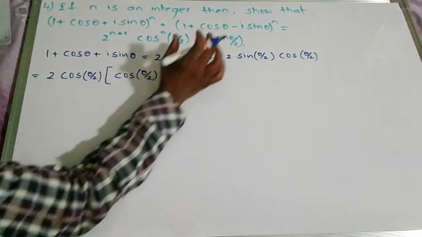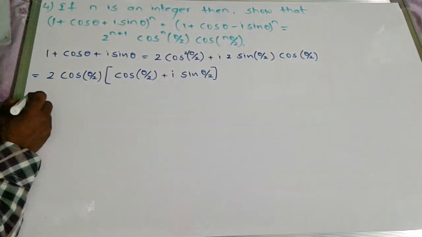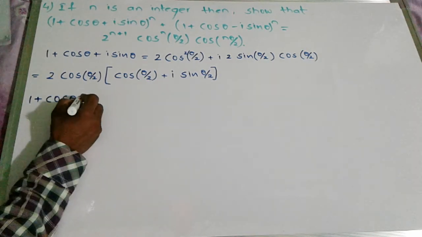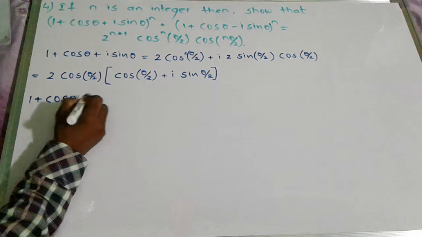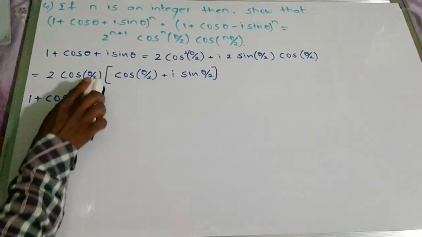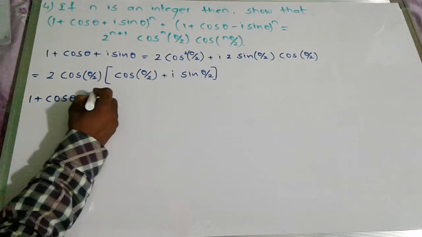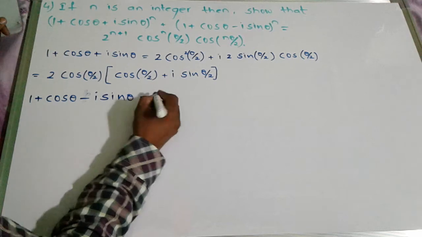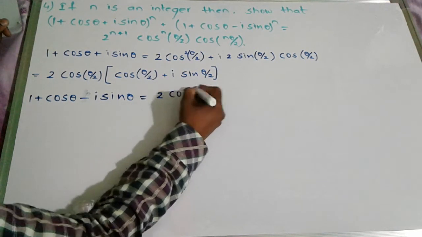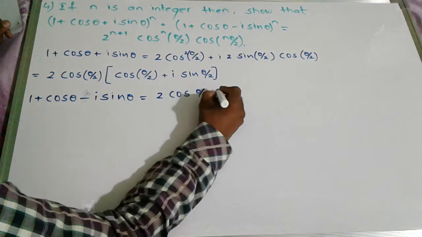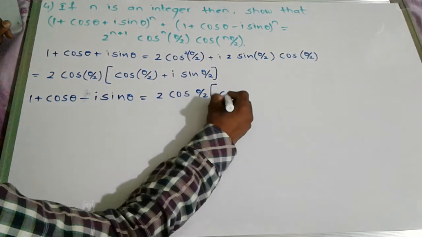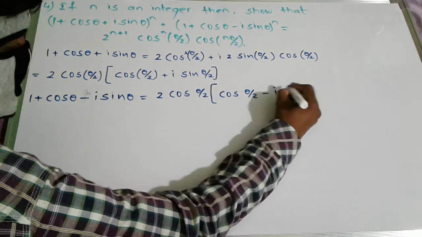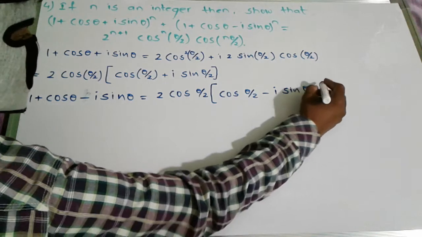So similarly this one, we can write that as 1 + cos θ − i sin θ equals 2 cos θ/2 of cos θ/2 − i sin θ/2.